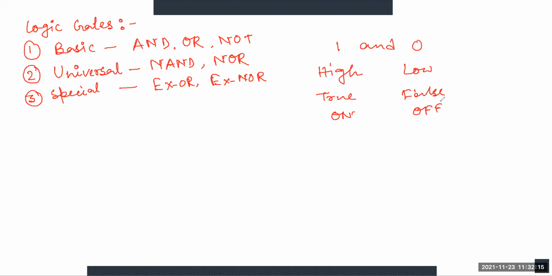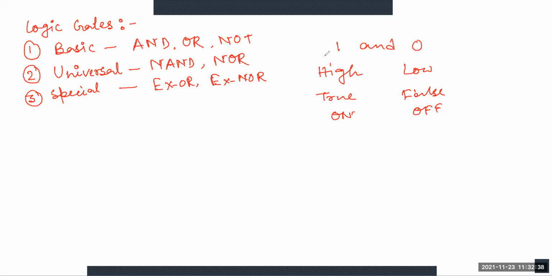So for logic gates, there are inputs and outputs, and these 2 levels are termed as high and low, true and false, on and off, or simply 1 or 0.